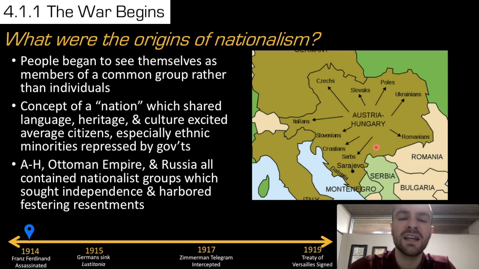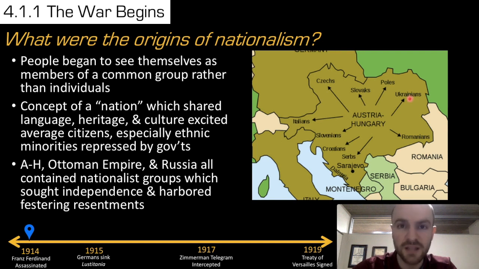of pride in their culture, and they began to believe that they should have their own independent country, which was apart from Austria-Hungary. You had Ukrainians, for example, they didn't feel any attachment to the Empire of Austria-Hungary. They didn't consider themselves to be Austro-Hungarian. They considered themselves to be Ukrainian.